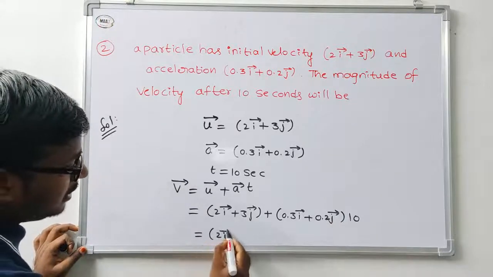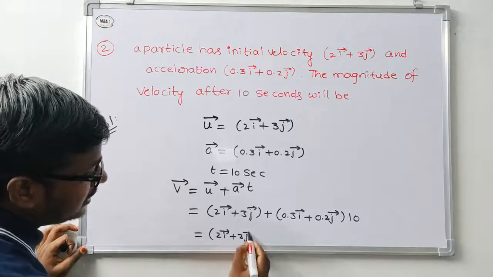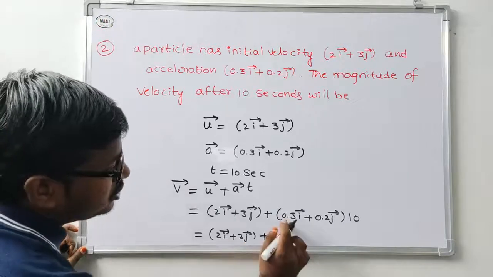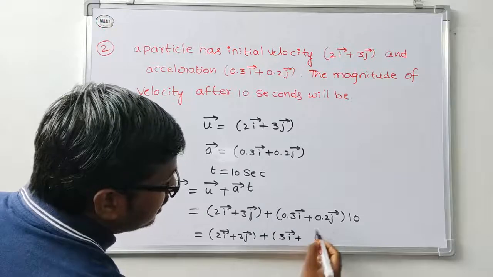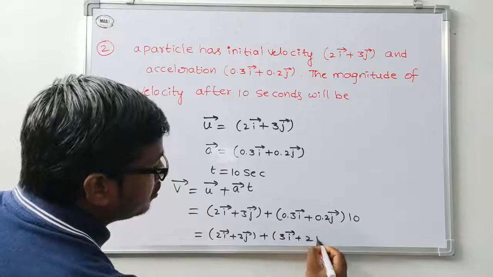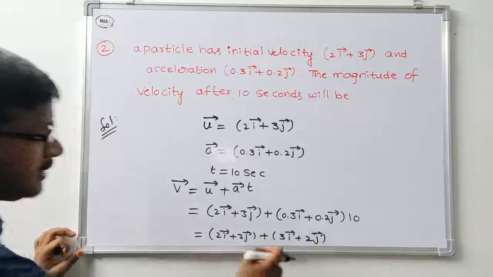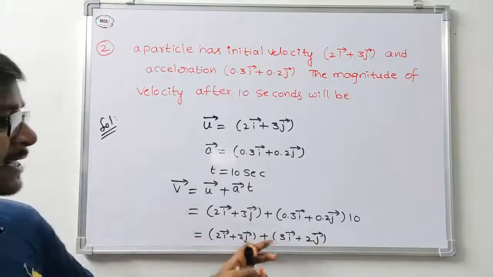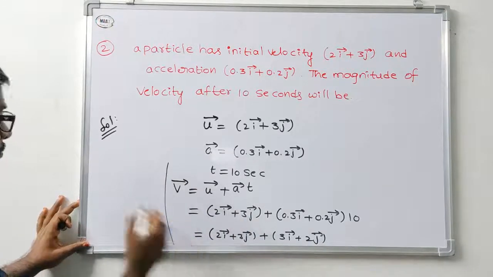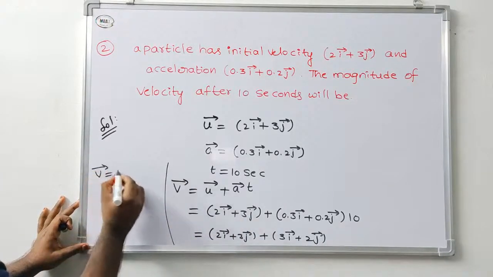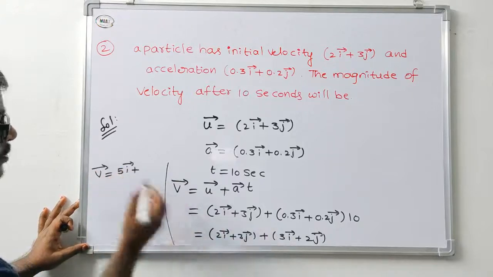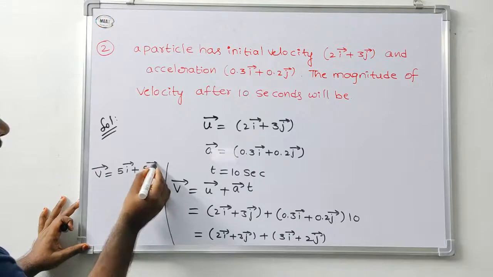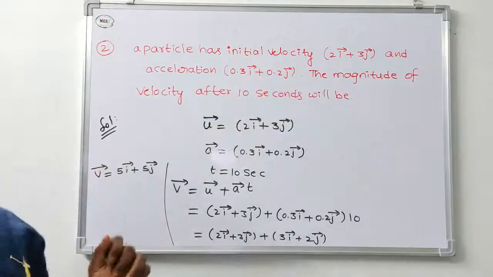Okay, 2i + 3j plus 0.3 into 10, 3i, plus 0.2 into 10, 2j. Adding these two, 2 plus 3 is 5i, and 3 plus 2 is 5j.